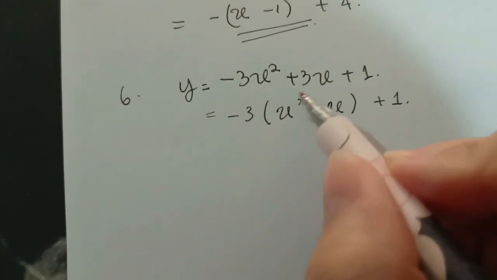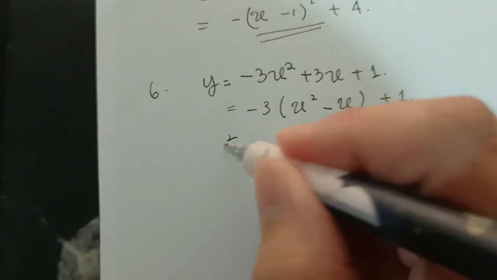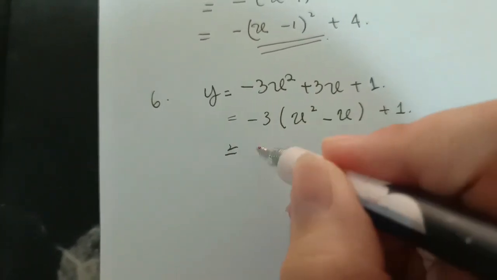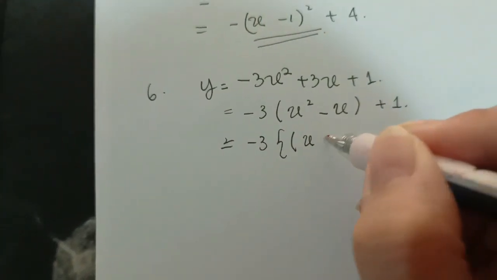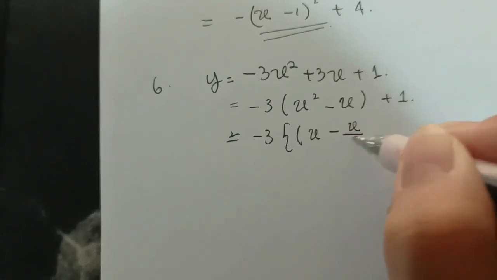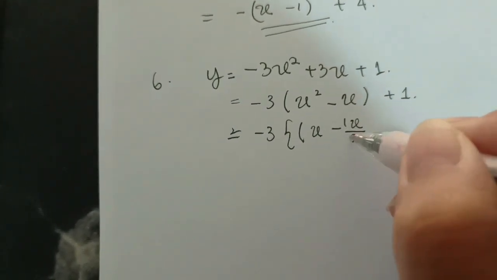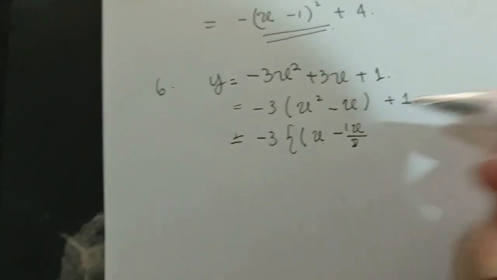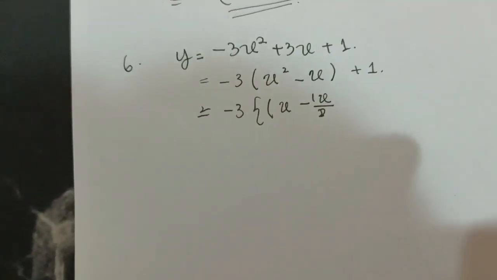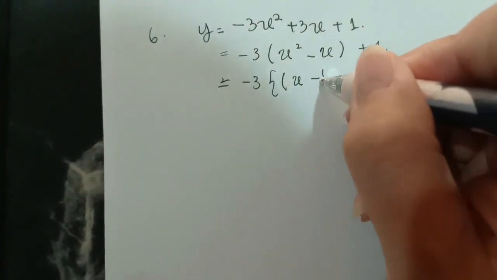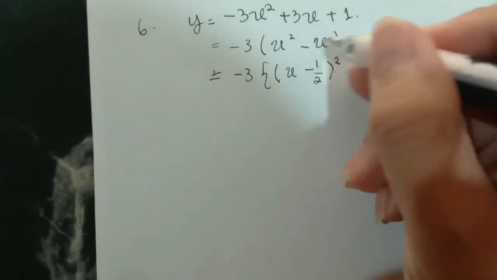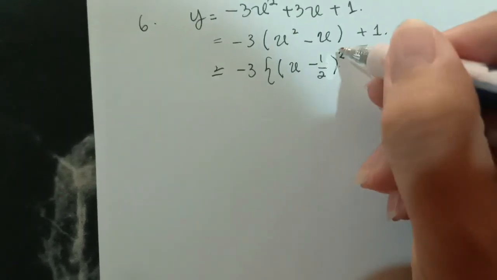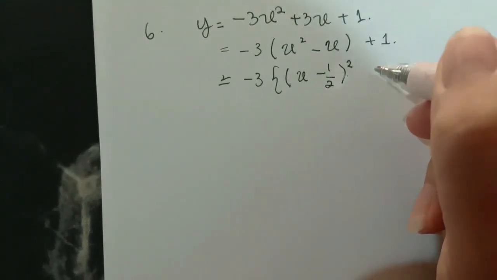Next, we are going to remove the quadrat over here. Don't forget, because there's minus 3 over here, we have to give it in the bracket. x minus, sorry, 1 per 2. There is no more x because the x will be replaced by the quadrat. Because there's nothing, it means 1 per 2, in the bracket, quadrat. The x is gone, replaced by quadrat.